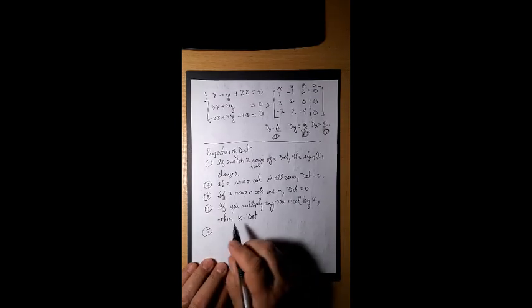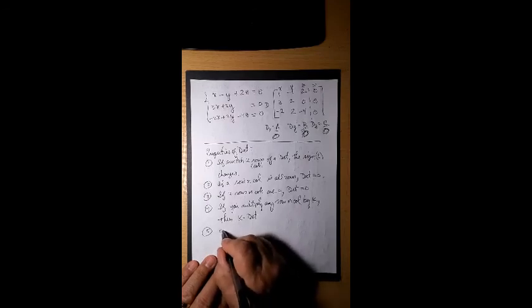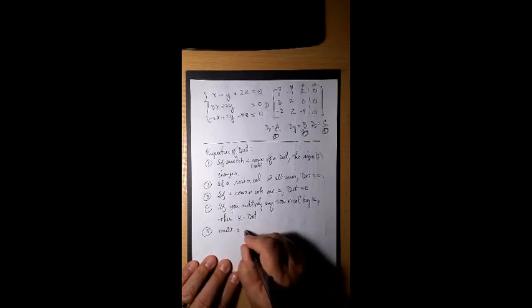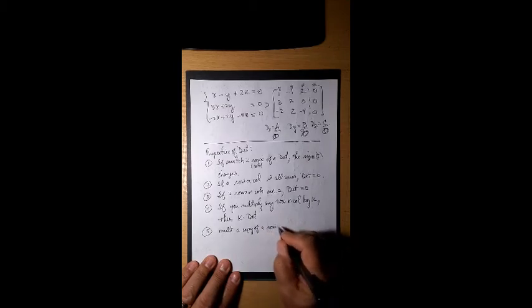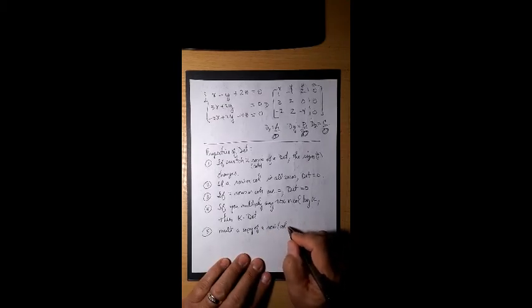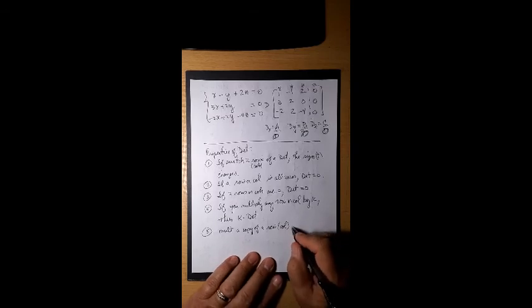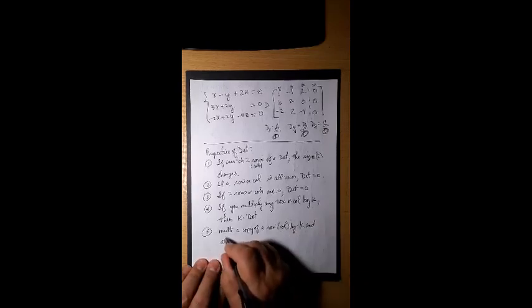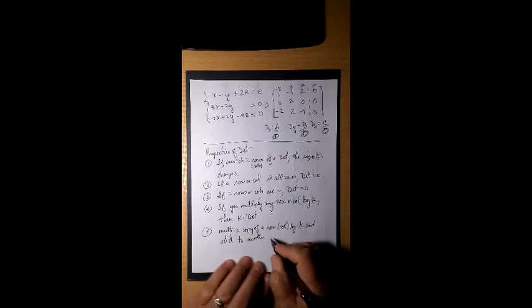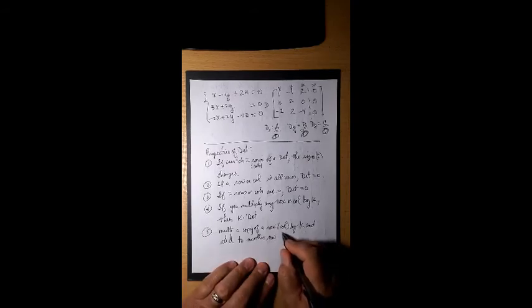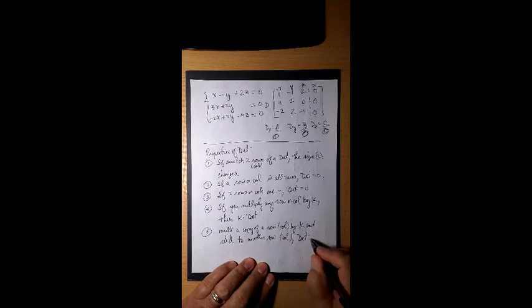And lastly, if you multiply a copy of a row or column by a number, say k, and add it to another row or column, the determinant stays the same.